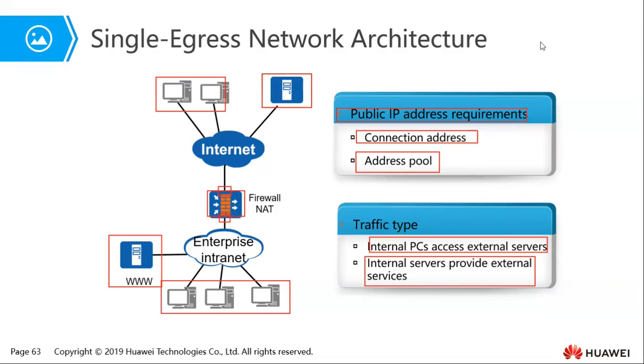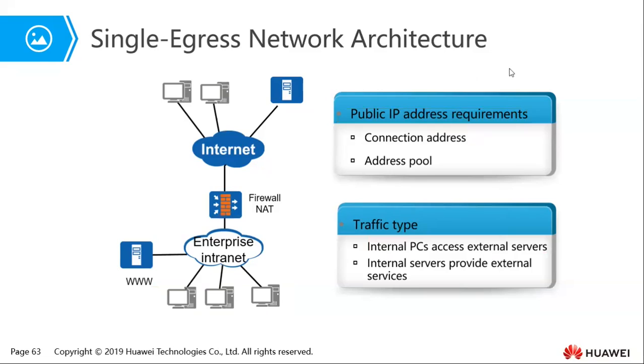Now, with this kind of architecture, the advantage is that it is simple to implement and the cost is lower. But the disadvantage is that it's not highly reliable. For example, if this link goes down, then your enterprise will not have internet connection. If the ISP goes down, your enterprise is not going to have internet connection.